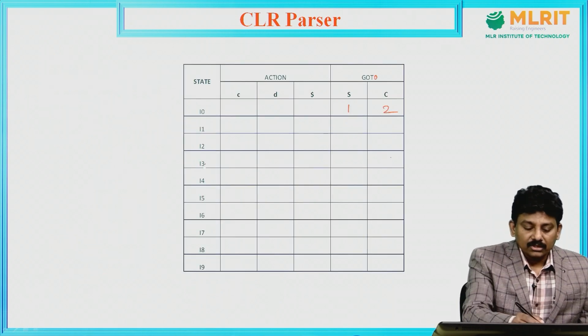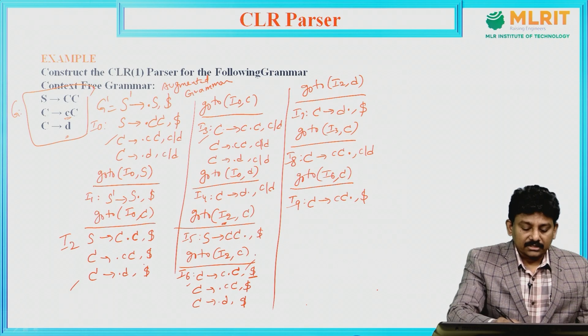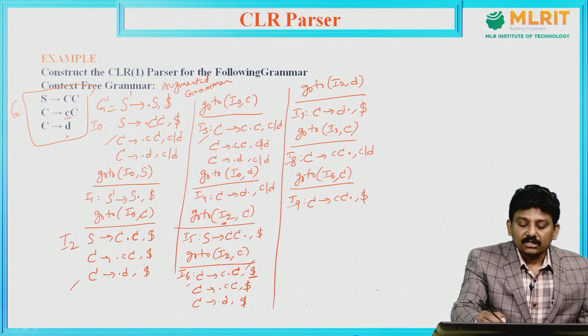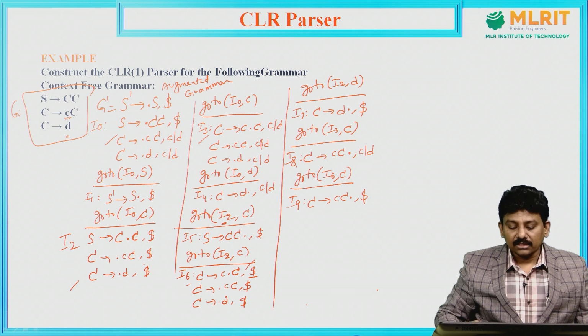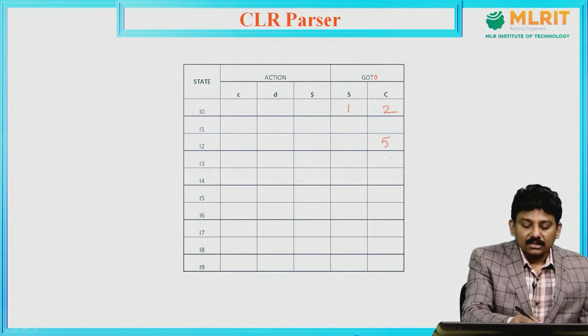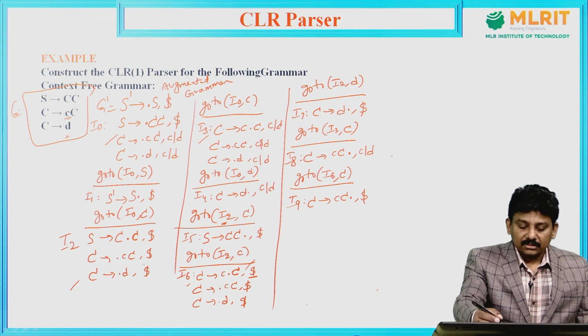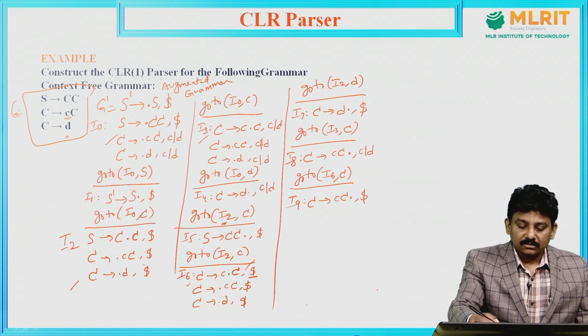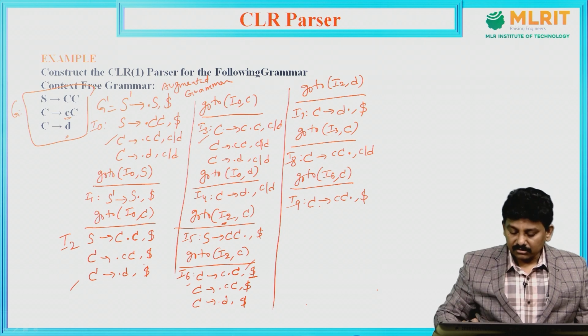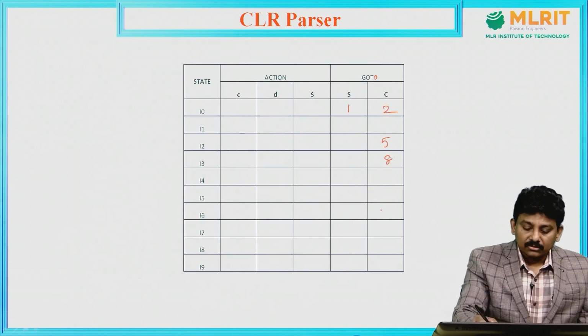From I3 on capital C, we go to 8, so row 3 under C, write 8. Next, row 6 under C goes to 9, so row 6 under C, write 9.